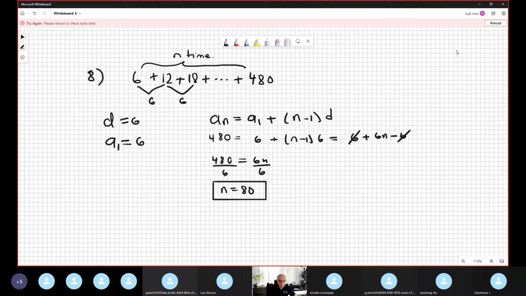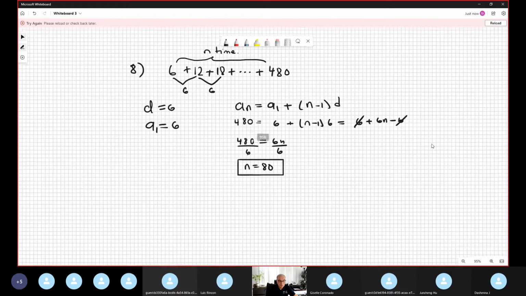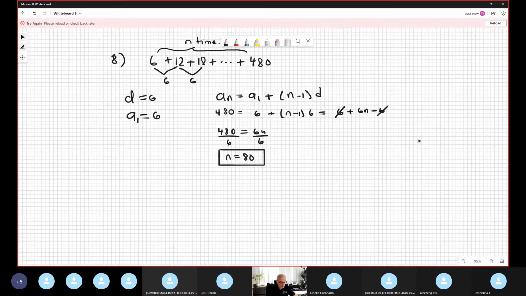Then finally you apply the formula for the specific arithmetic sequence, which in this case is a sub 80, because it's the 80th term. The general formula for the sum is S sub n equal to n divided by 2, parentheses, a1 plus a sub n.